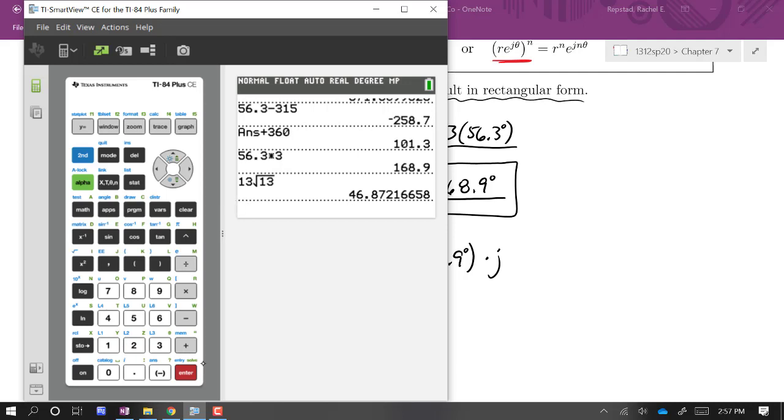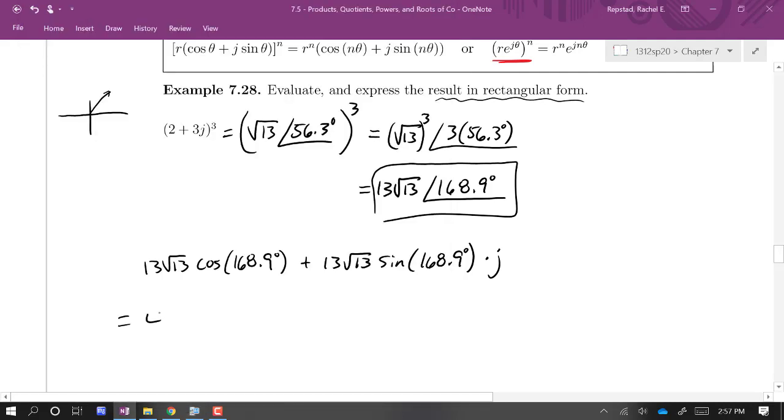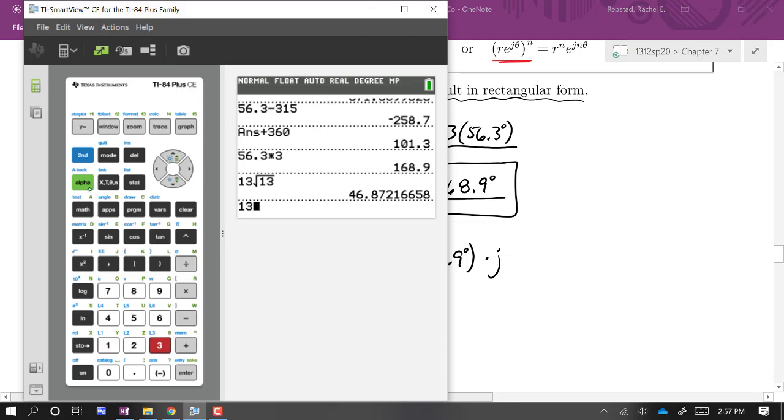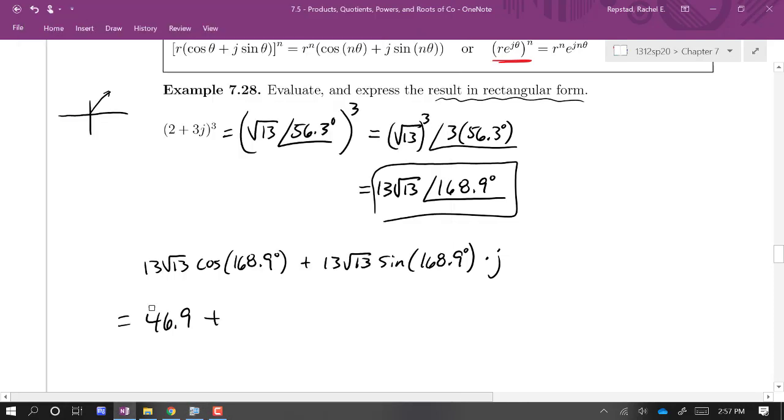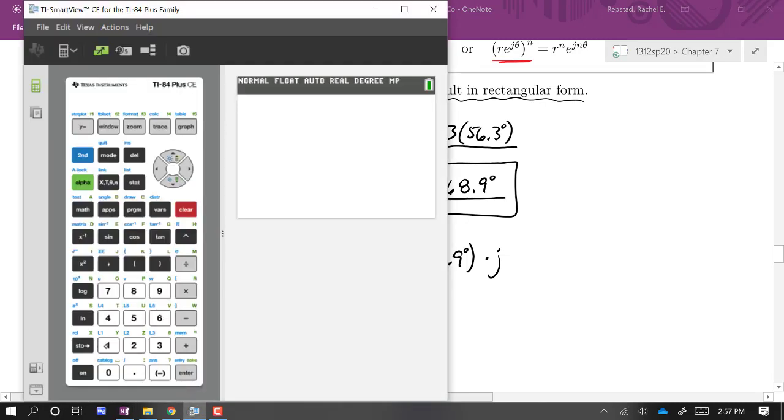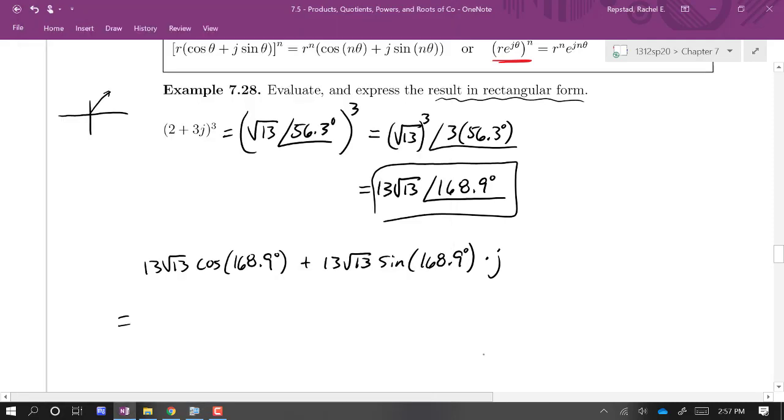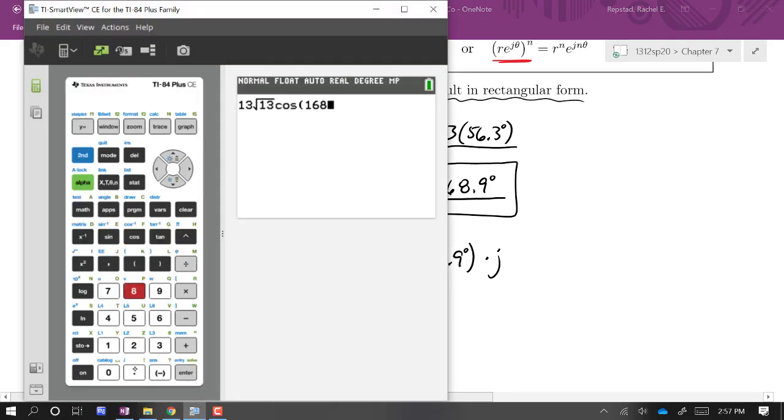Oh, I didn't multiply. Hold on. Root 13 times cosine of 168.9 is negative 45.995.